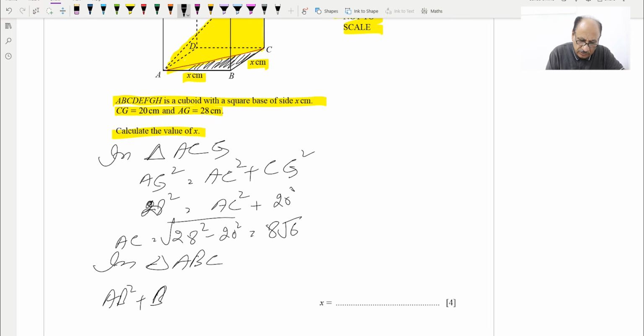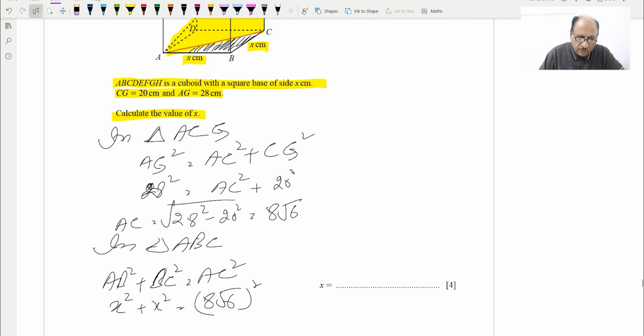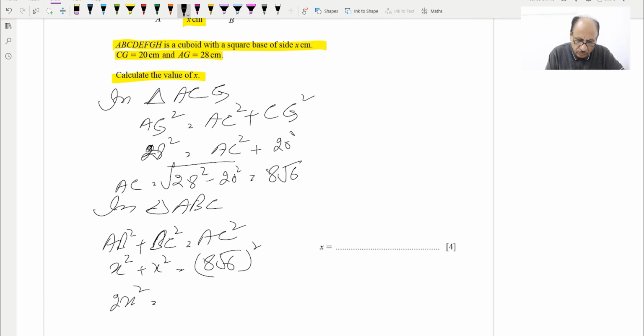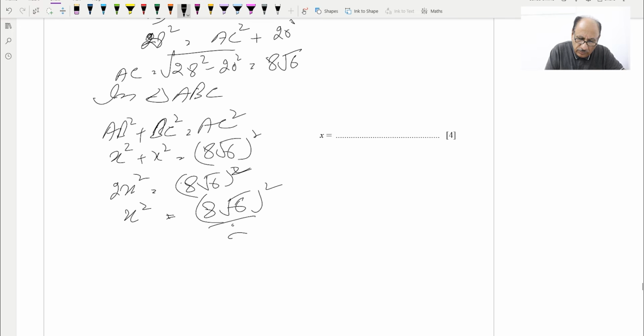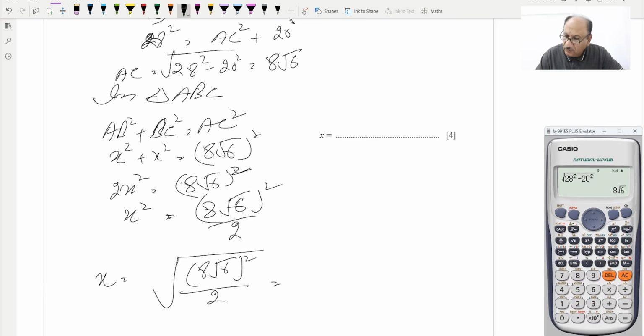AB square plus BC square is equal to AC square, so x square plus x square is equal to (8 root 6) square. So 2x square is equal to (8 root 6) square, and x square will be (8 root 6) square over 2. So x will be the square root of (8 root 6) square over 2, and this is equal to 8 root 3.